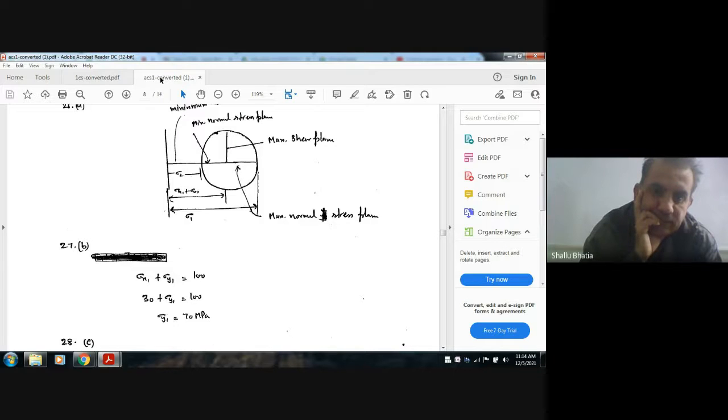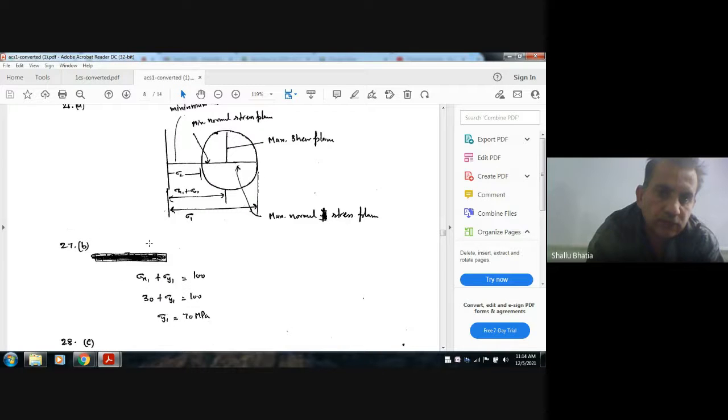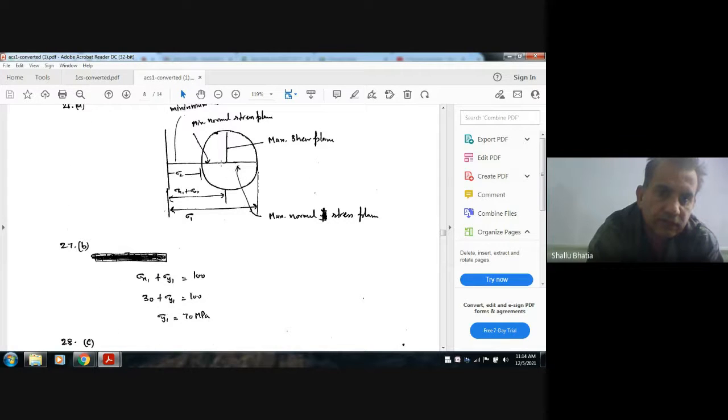So the answer should be 200 minus 30, which is 170. The answer is 170 MPa, because this distance is (sigma x plus sigma y) by 2.